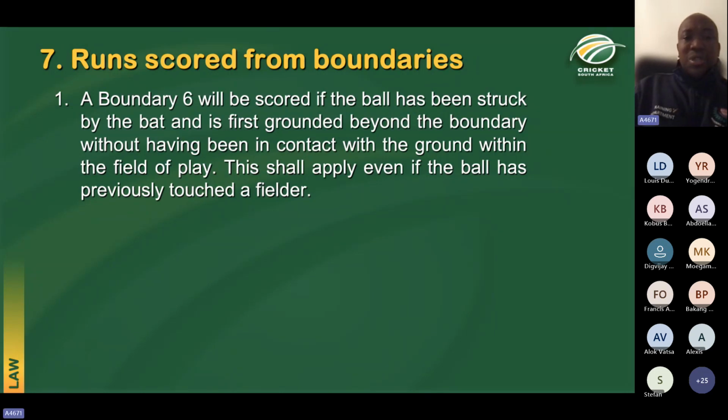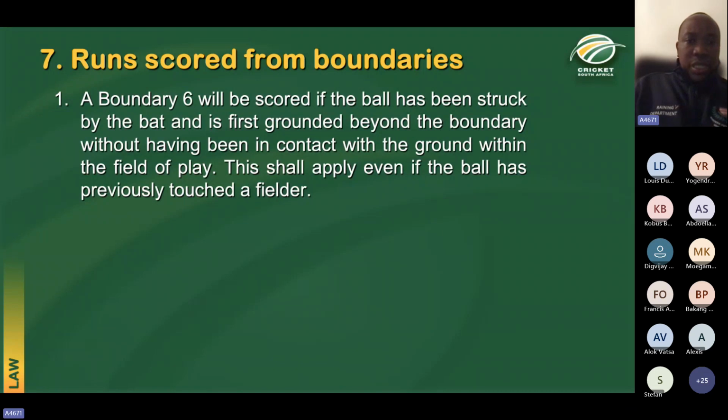So we've seen it a few times where the bowler bowls a ball, the batter hits the ball, it's in the air, and the fielder right on the boundary attempts to catch it. It bursts through his or her hands and goes over the boundary rope for 6. That is what point number 1 is speaking about, that last sentence in front of us.